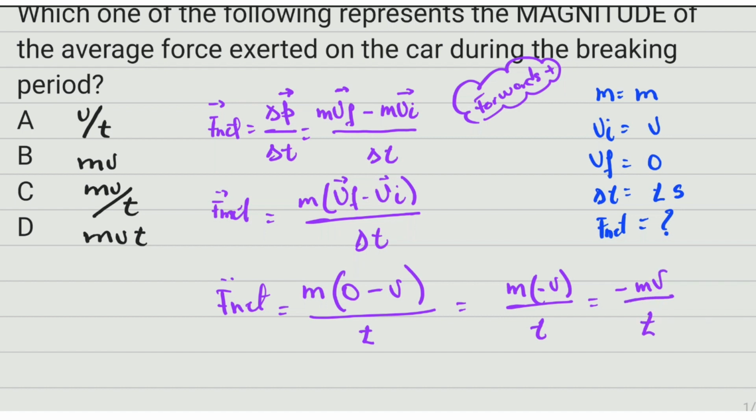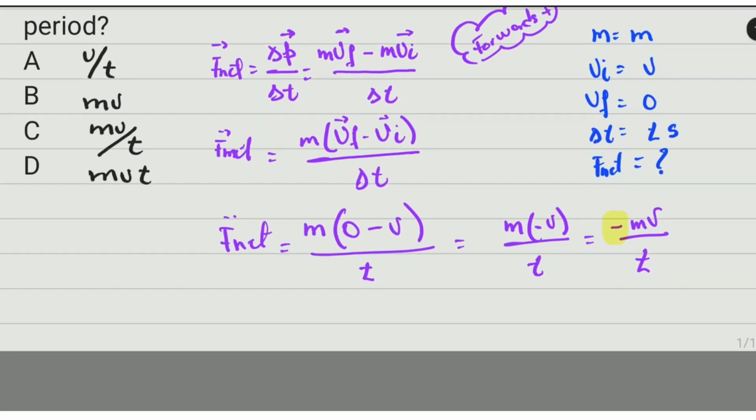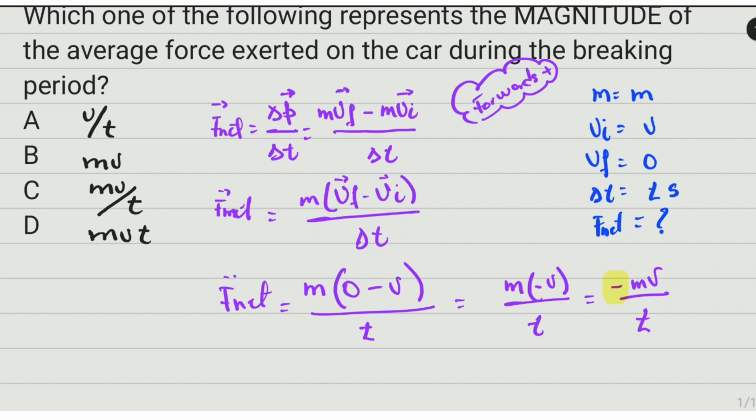The minus means direction, that the net force was in the opposite direction. Therefore the magnitude of the net force is mv over t. That is the final answer, and therefore the answer is C.